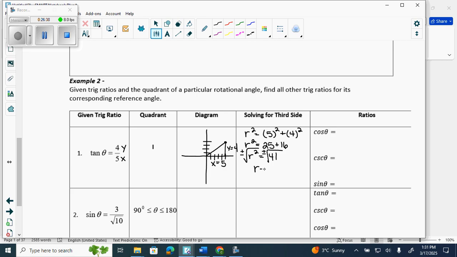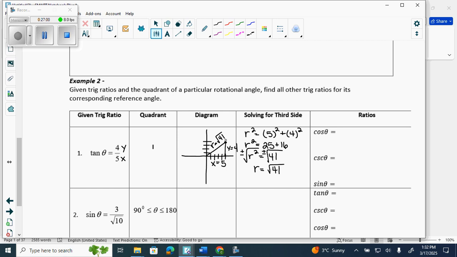And r equals root 41. It's always positive because the radius has to always be positive. We don't get a choice, right? So r equals root 41. Now I can ask you for any trig ratio I want to, and you can give it to me because we found x, y, and r. We agree? Same thing as the coordinate.